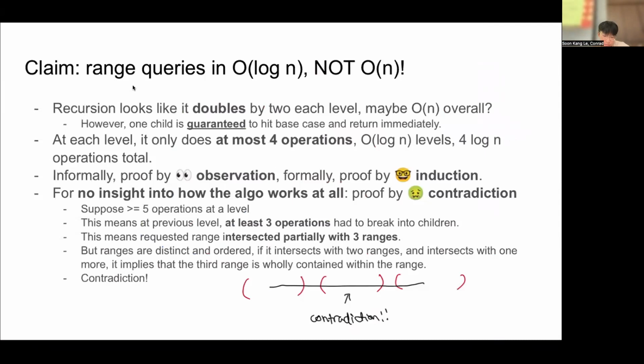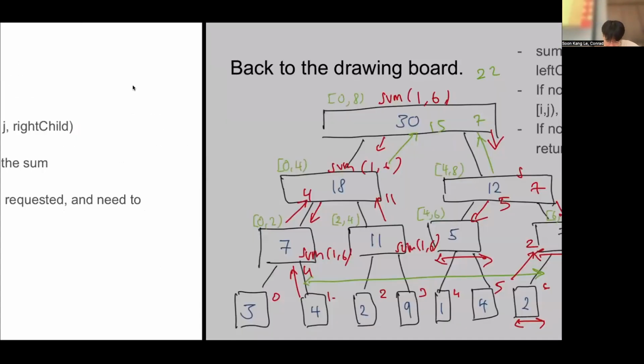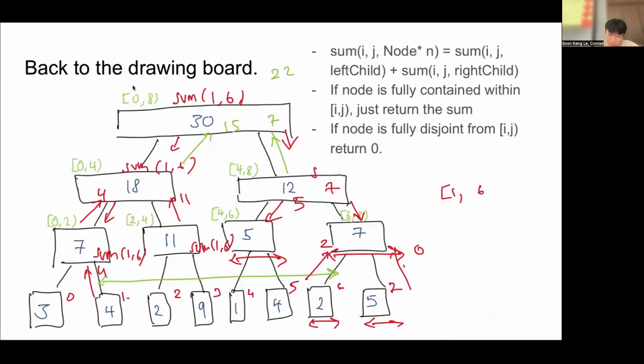Okay. So my claim is that you do range queries in O(log n). What I mean by that is, even though at each step we might have to call the operation on a node's two smaller children nodes, and so on and so forth, in the worst case scenario, we can imagine something like this happening.